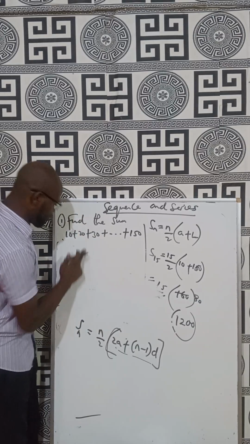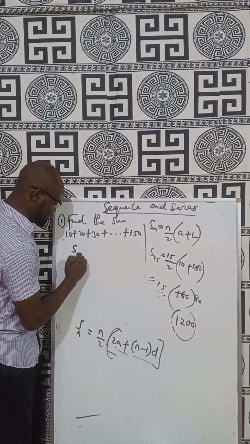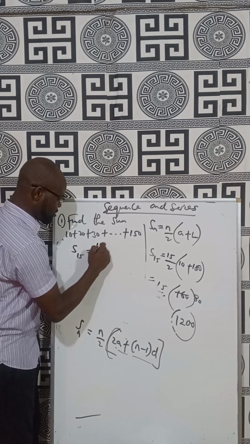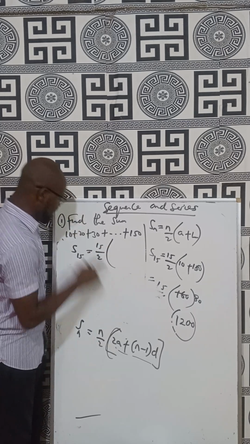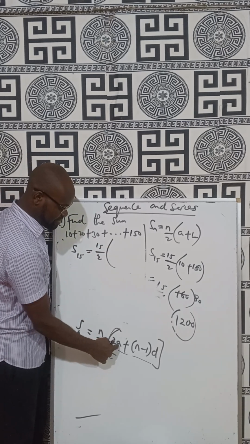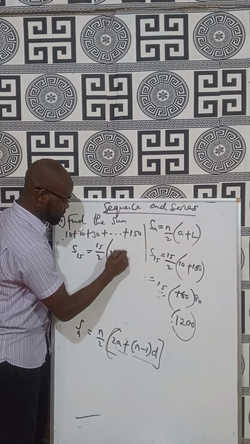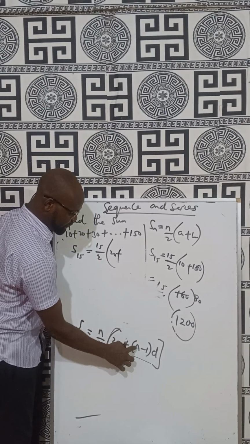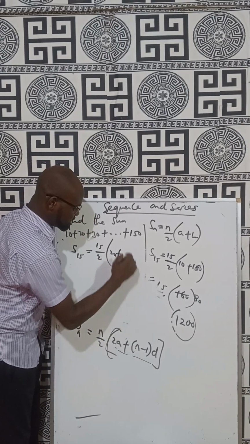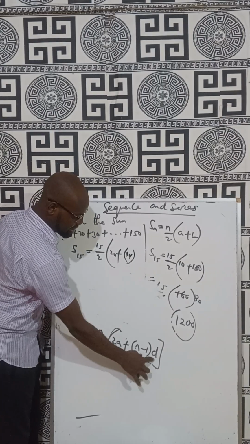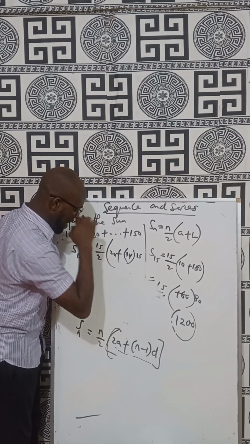So we have S, the sum of the first 15 numbers, equals n, which is 15, over 2 into bracket. Our A is 10, so 2 times 10 is 20. 20 plus (n minus 1), 15 minus 1 is 14, times D, which is 10.